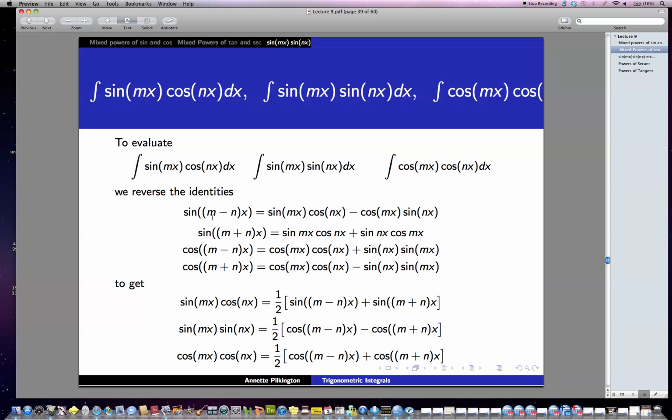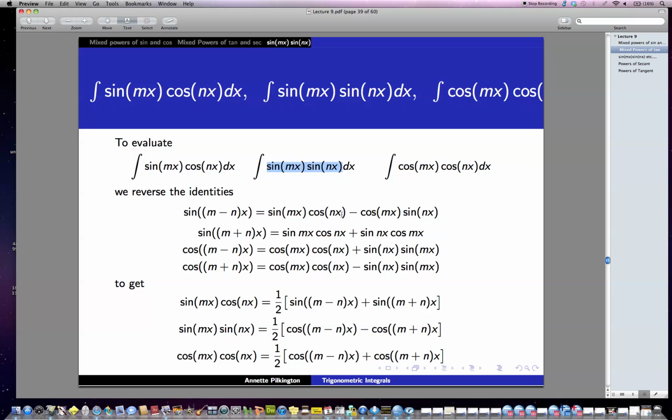We have identities for sine of A plus B, sine of A minus B, cosine of A minus B, and cosine of A plus B. And you'll notice that on the right-hand side we have sums of things which look like the functions we're trying to integrate here.